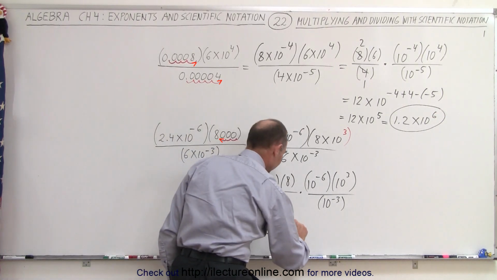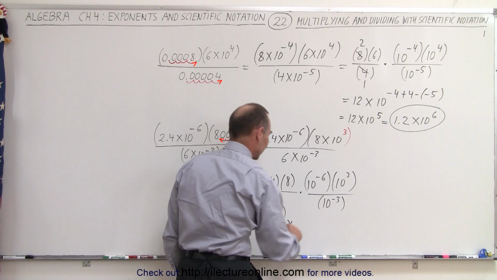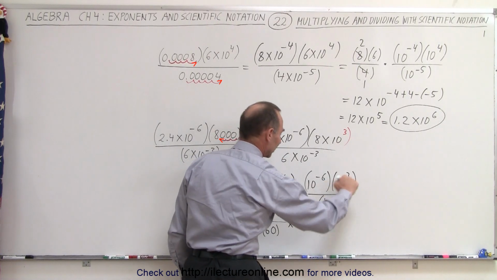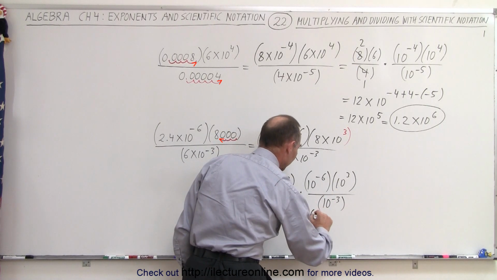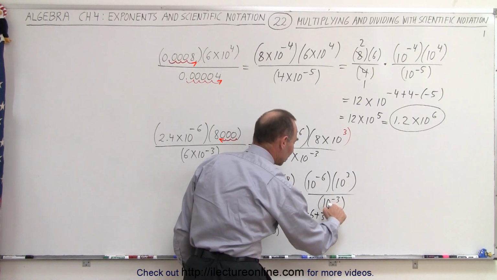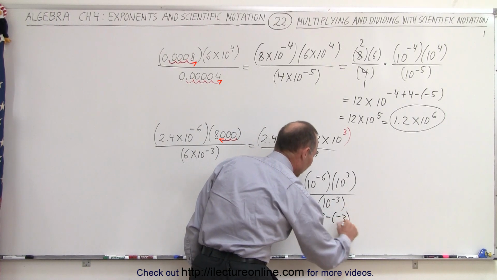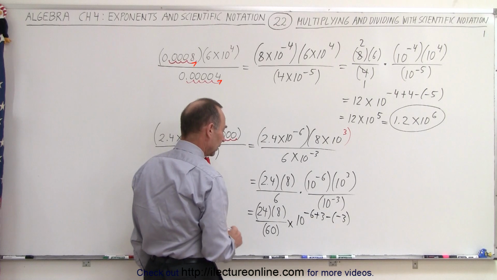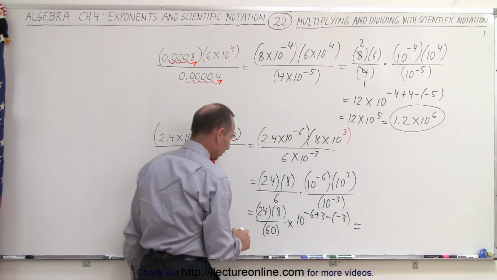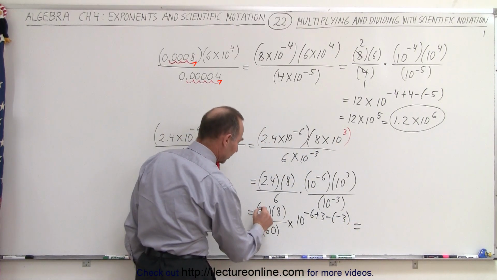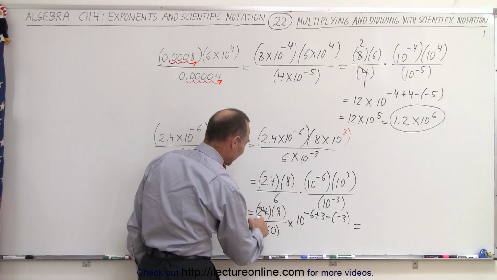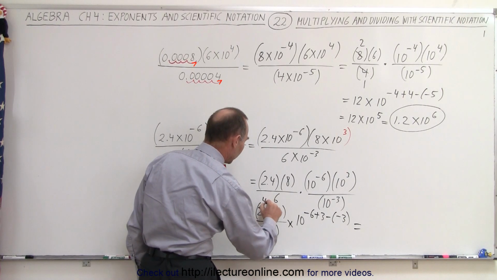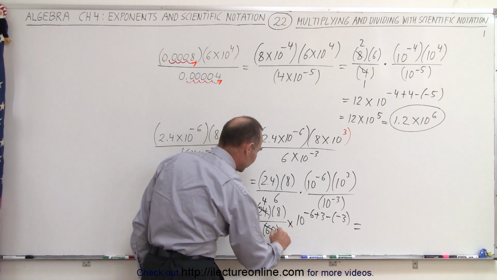And on the left, this is times, or maybe we'll write like this, times 10. We add exponents if it's in the numerator, minus 6 plus 3, and subtract when the exponent is in the denominator, like that. So this can now be written as, let's see, 24 and 60. They're both divisible by 6, so 24 divided by 6 is equal to 4, and 60 divided by 6 is equal to 10.